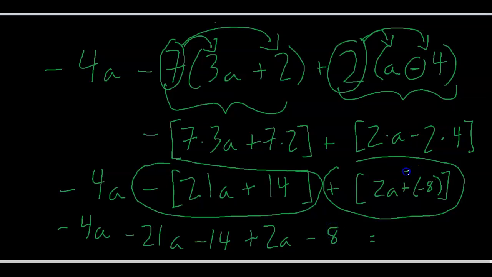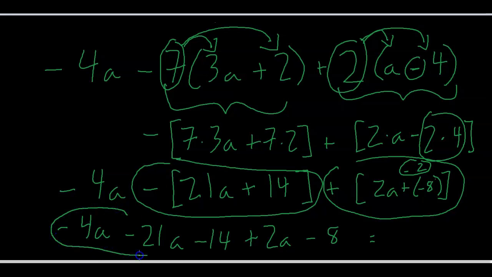And that's also how we could have thought of this. Plus negative 8. That's how we wrote it originally, right? Minus 2 times 4 is the same thing as minus 8, which is the same thing as plus negative 8. So if we're adding that negative 8 term, that's the same thing as saying we're subtracting the constant term 8.